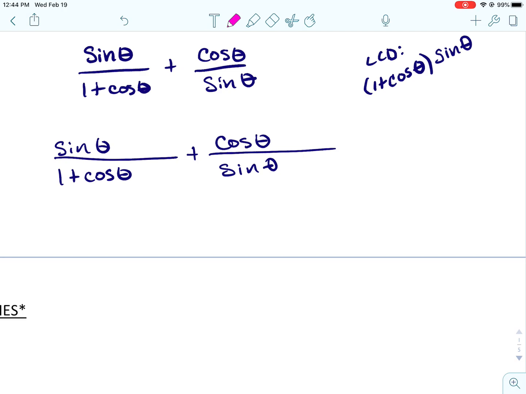So what does the first fraction need to have the LCD? A sine of theta. So what we'll do is multiply the denominator by the sine of theta, but to keep it legal mathematically, we also multiply the numerator by the sine of theta. All right, and then for our second fraction, we're going to need a 1 plus cosine theta.